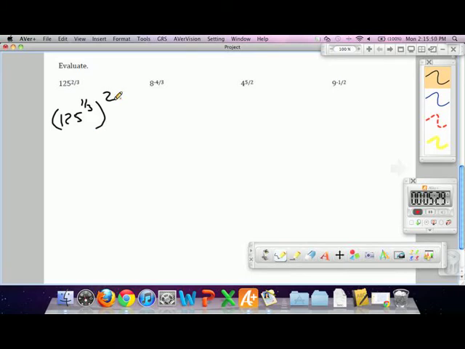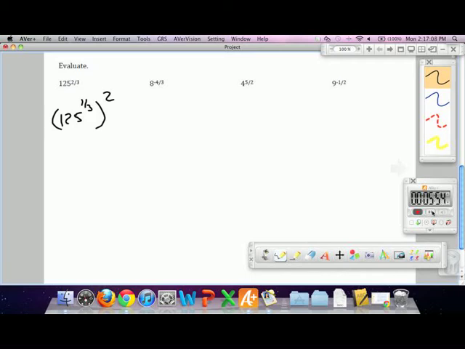One strategy is to split this fraction into two exponents that are multiplied together. For example, 2/3 can be rewritten as 1/3 times 2, or the 1/3 power, squared. Why did I choose to do this? Because I know, and you hopefully will become more familiar with as you do more problems, that the third root of 125 is 5.